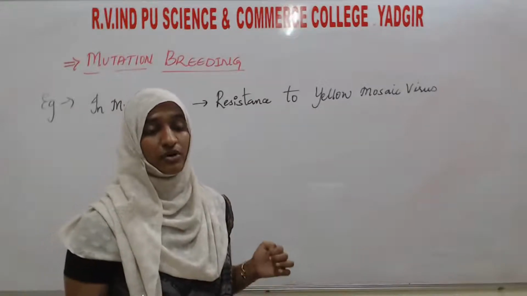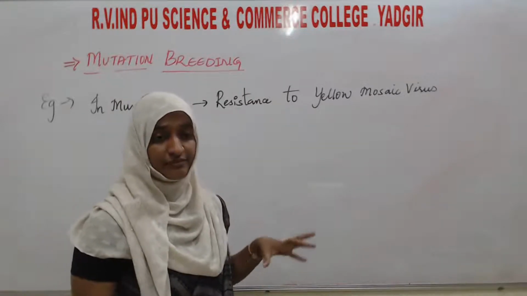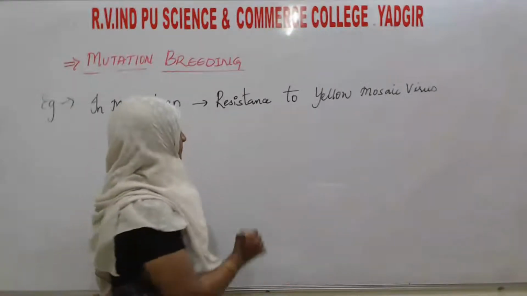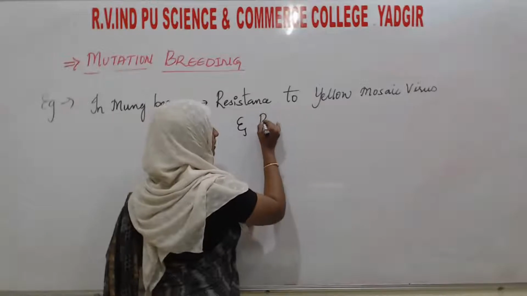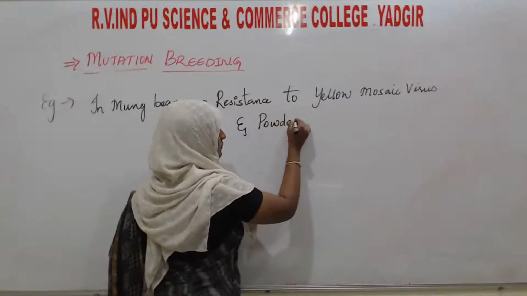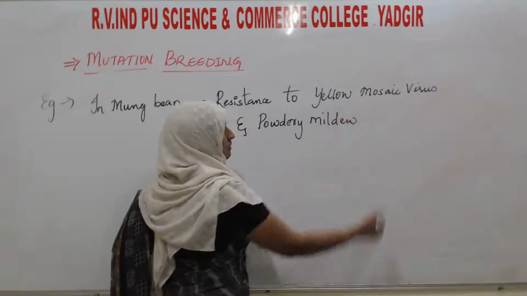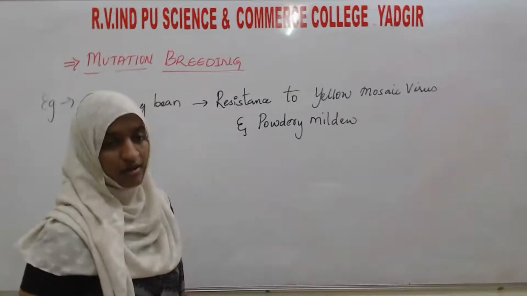What are the symptoms you can see when a plant is suffering from yellow mosaic virus? And there is also powdery mildew, which is another disease in moongbean.